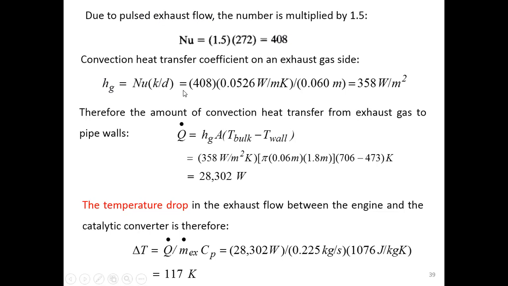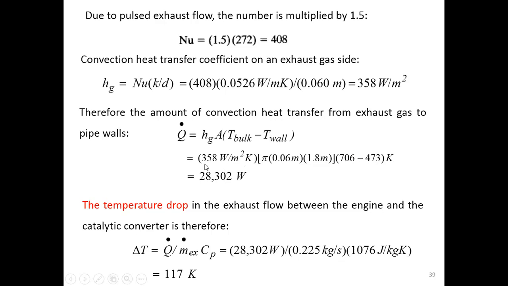Okay, and then when we know this, we can calculate the amount of heat transfer. The amount of heat transfer for the bulk temperatures, we take the average temperature of the exhaust gas leaving the engine and entering the catalytic converter, and the temperature of the wall.